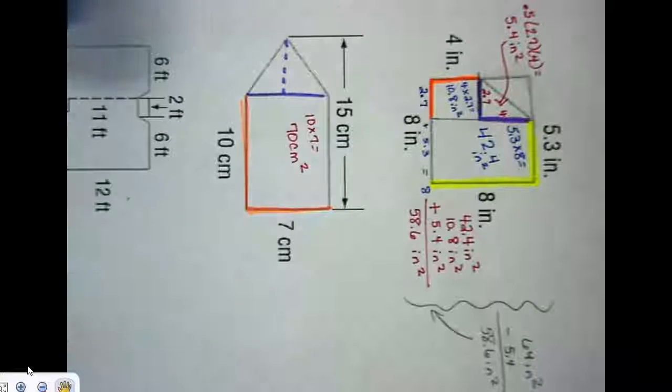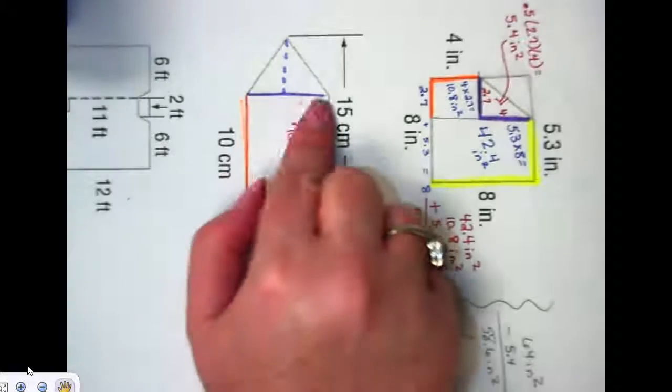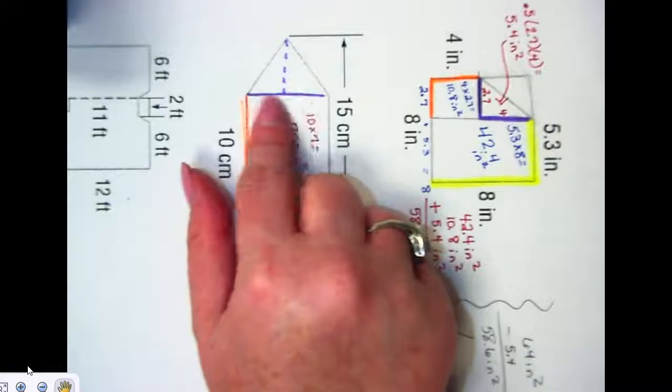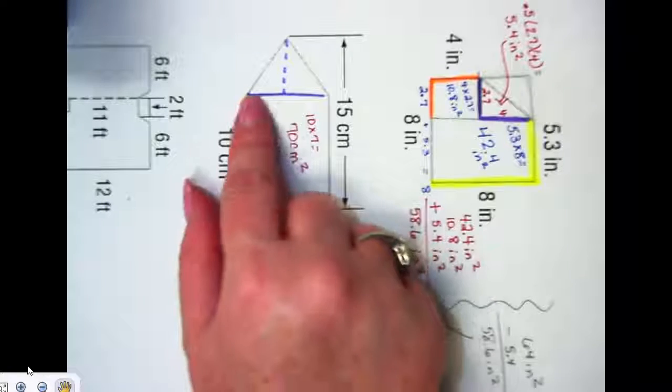There's no numbers for either of those written on there. So we've got to do some comparing. Anybody have an idea of what the base would be? I want to know what this base is going to be. It's going to be 7.